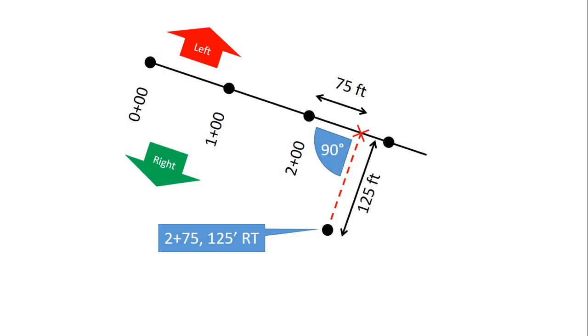And here you can see this is a 90-degree angle, 75 feet from station 2 and 125 feet out to the point.